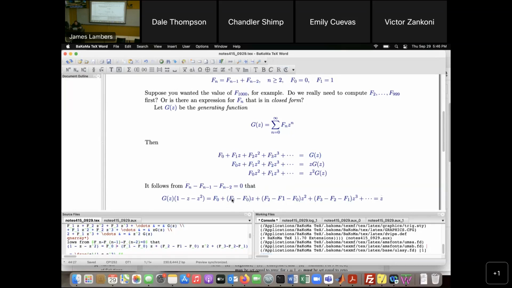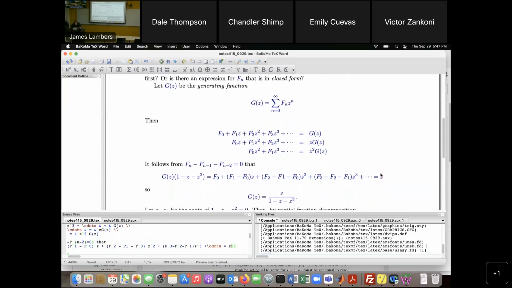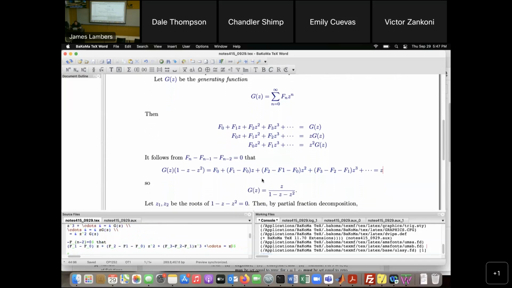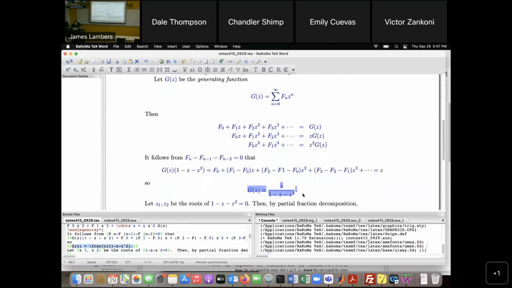Well, f1 is 1, and f0 is 0. So we end up with just z. So all of this reduces to just z, which allows me to solve for g of z. That is our generating function for Fibonacci numbers.